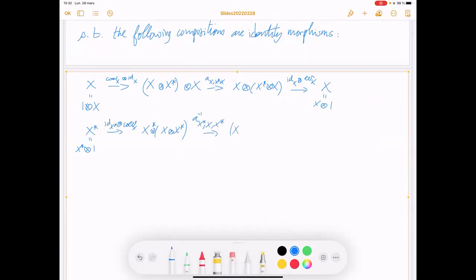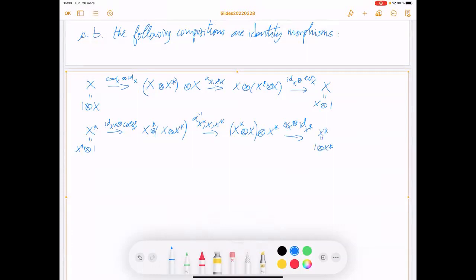Then you apply the evaluation map tensor identity of X star, and you come back to 1 tensor X star, which is X star.